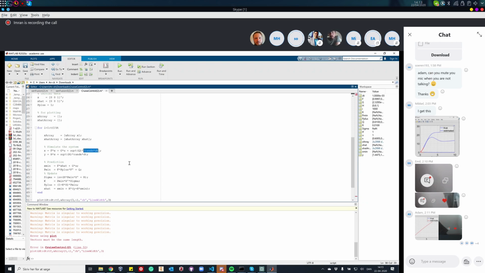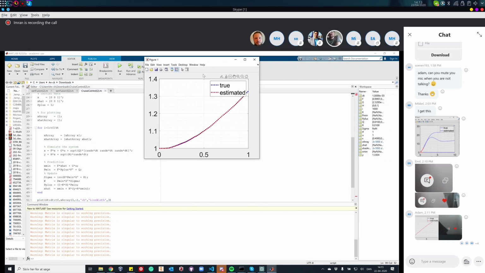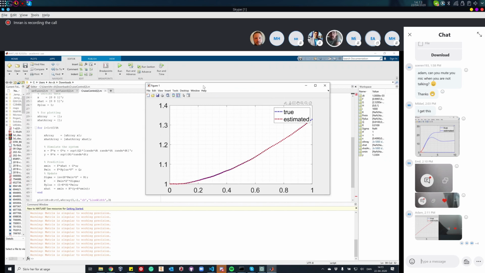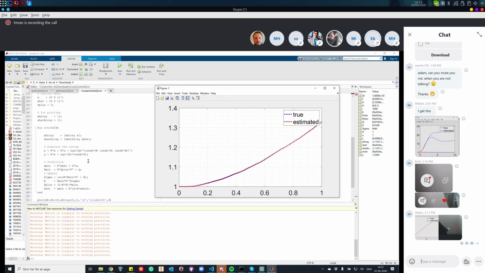Why not 3x1? Maybe I just have to look at the screen. Yeah, you are right, 3x1. Oh, okay. Yeah. You see? No. This is an issue.